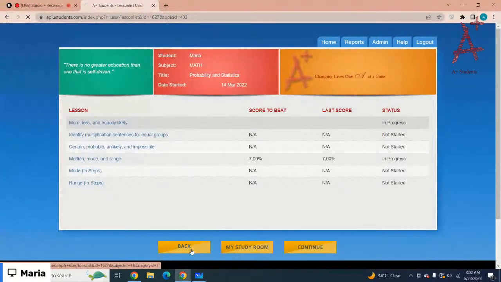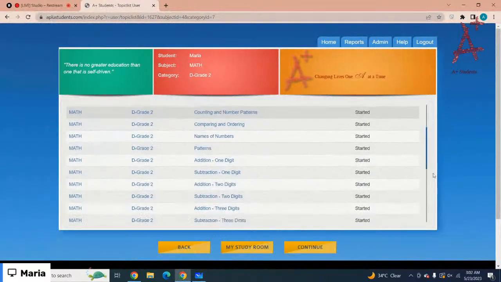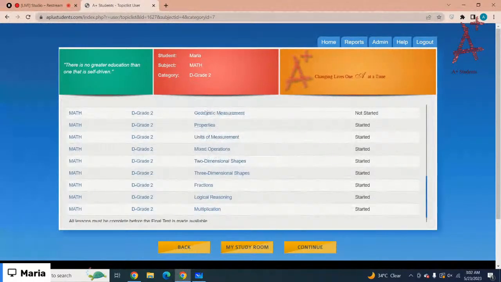Here I'm on grade 1, grade 2 language, grade 2 maths. We're going to start with the chapter division.